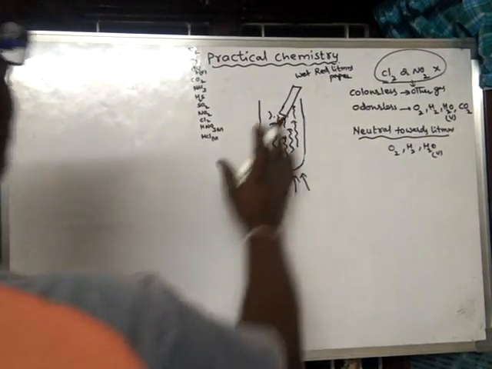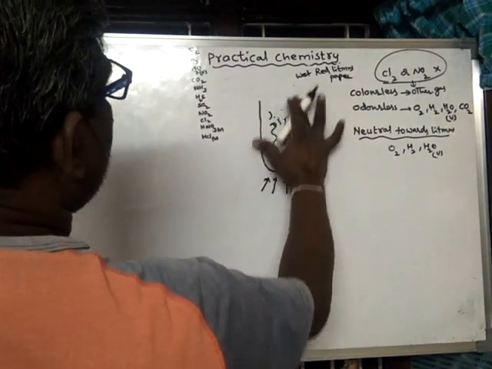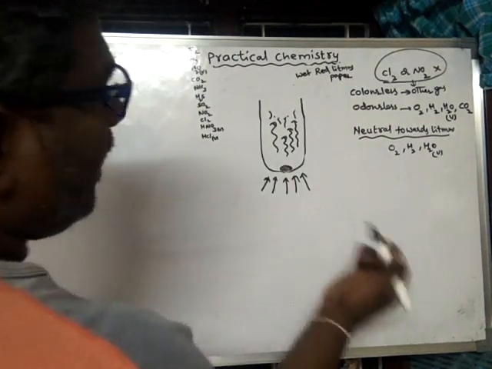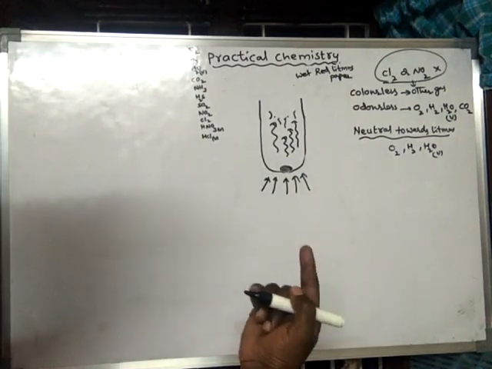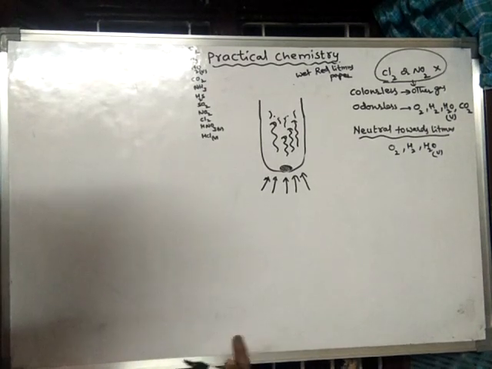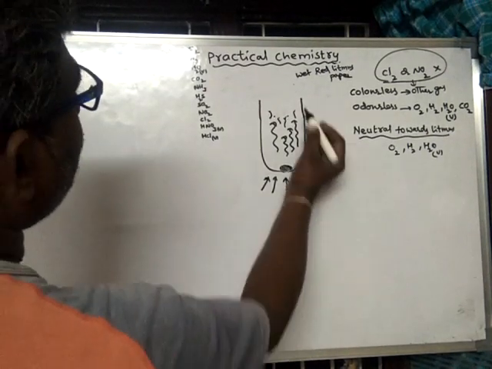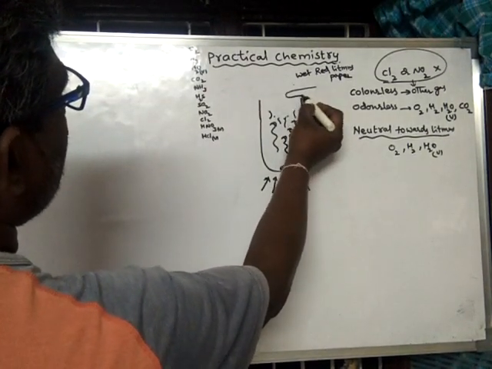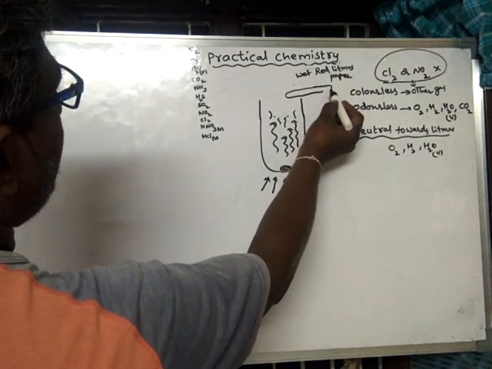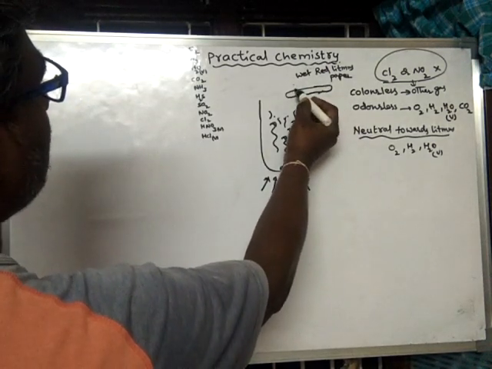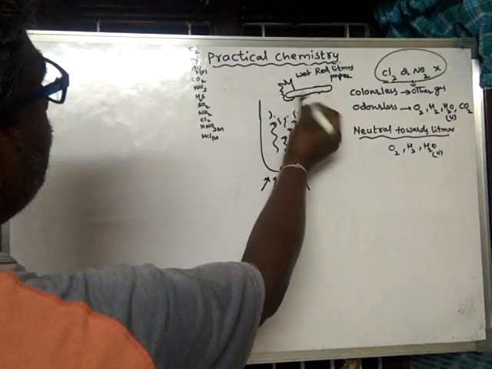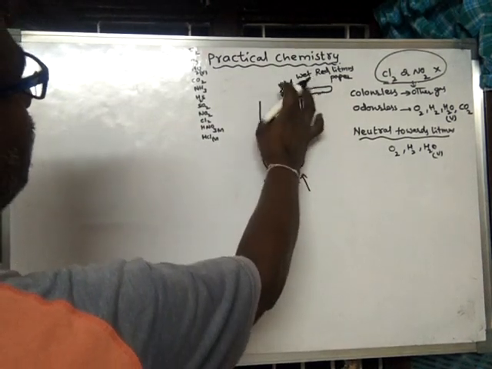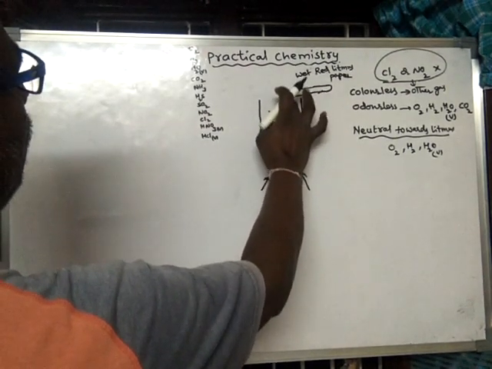For this we have to do one more thing. First, light an incense stick or any wooden splint, that means any wood material. First you light this wood material, and then put the flame off.